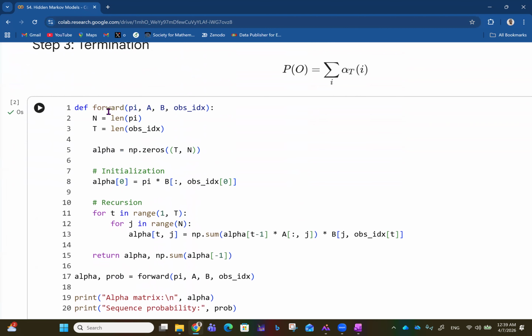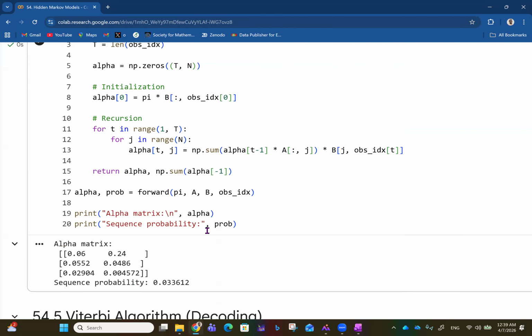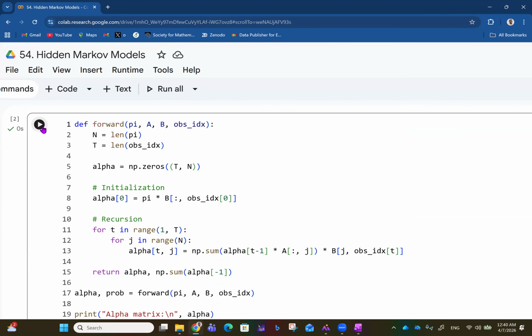You define a function forward with pi, a, b, and the observation index. Then n is the length of pi, T is the length of the observation index, and alpha is zeros of T by n. Then you initialize like this, and then you have the recursion. You run alpha and all that. If I run it again, the probability matrix might even change.